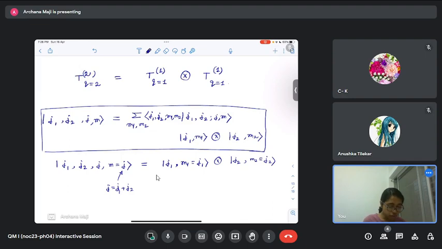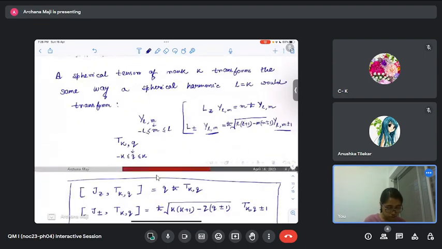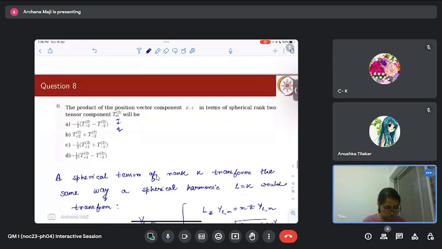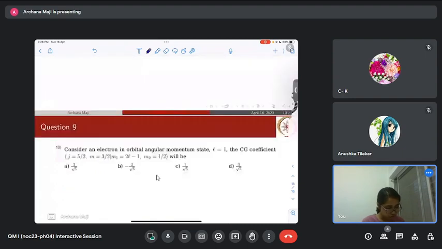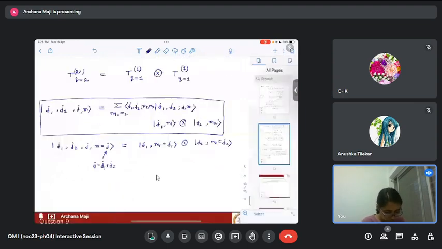Fine. Now we want to figure out these values. Spherical tensor of rank 2 with Q equal to plus 1. Okay, so this we already know. So let me write down the Cartesian component as well.